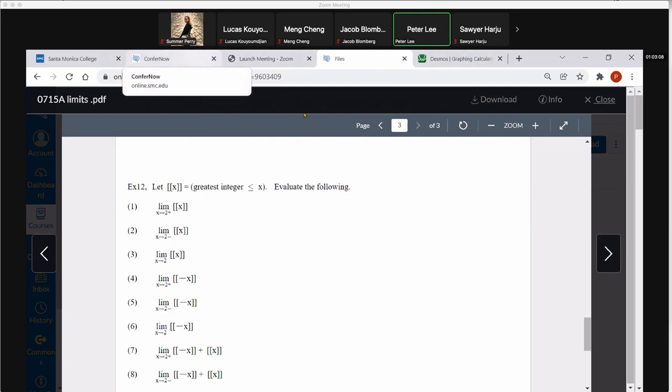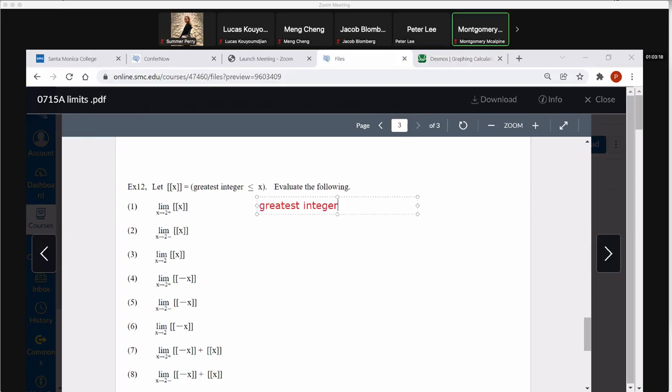This one here, the great integer function, greatest integer function, will not be on midterm 1. Midterm 2, maybe. I don't know.